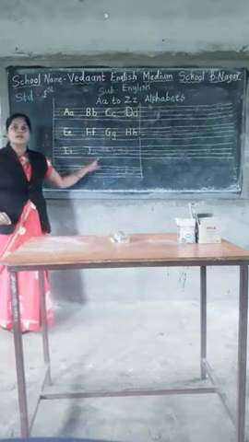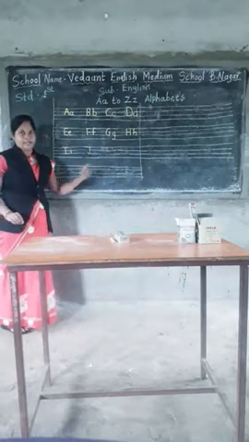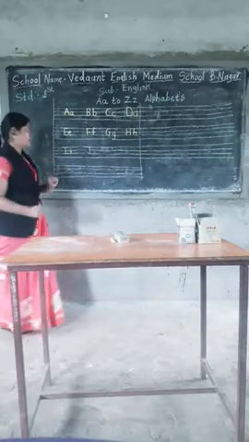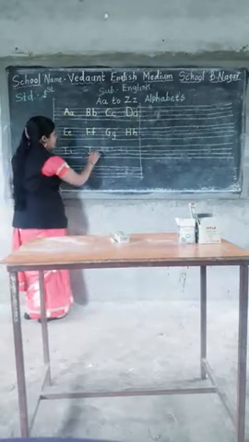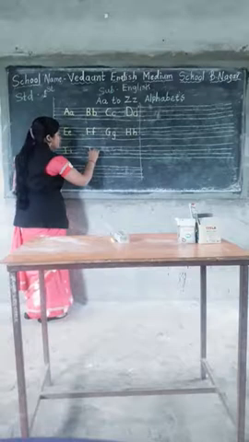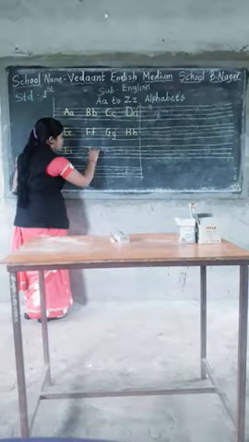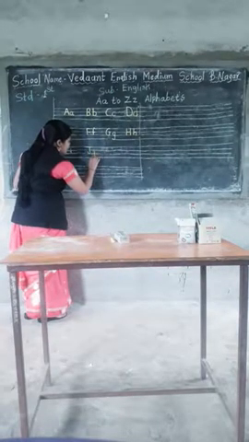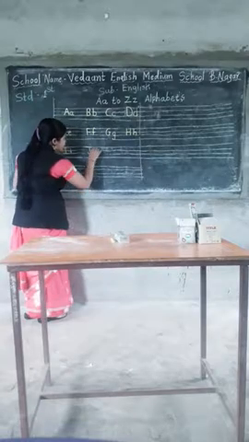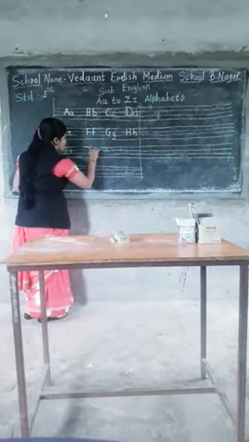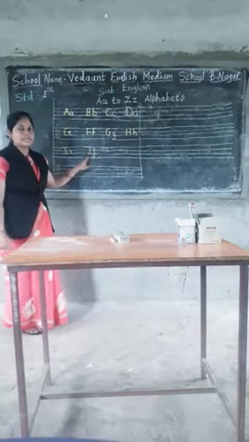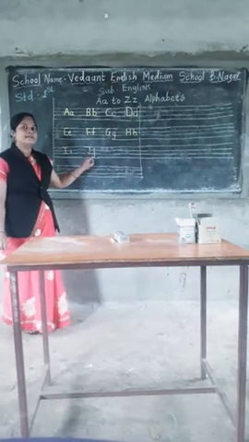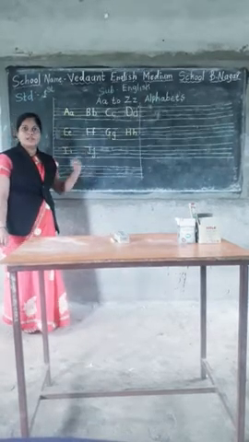It is the small, sorry, it is the capital J. And how to write small j? Let's see. In the middle, in the second number line, we will draw the fourth number line. It is the capital J. It is the right way to write capital or small j.